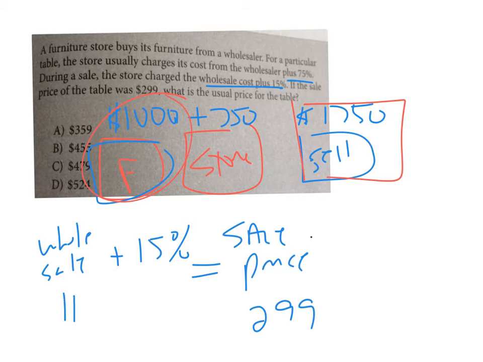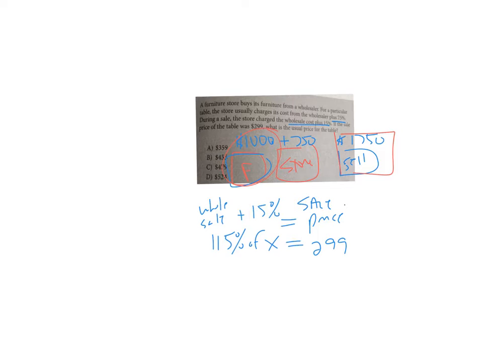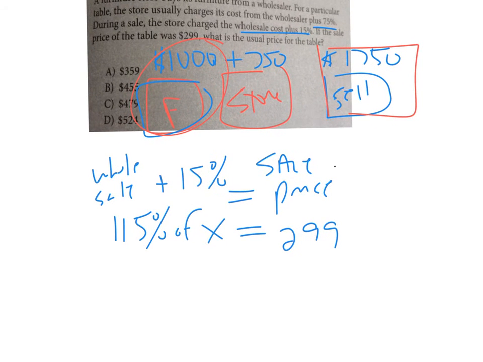Well, the sale price is the wholesale price plus 15%. So it's 115% of the wholesale price. That's what I'm going to use to figure out what X is, how much the store paid for the table when it purchased it wholesale. So 115%, if I move the decimal point two places to the left, is 1.15 times X equals $299.